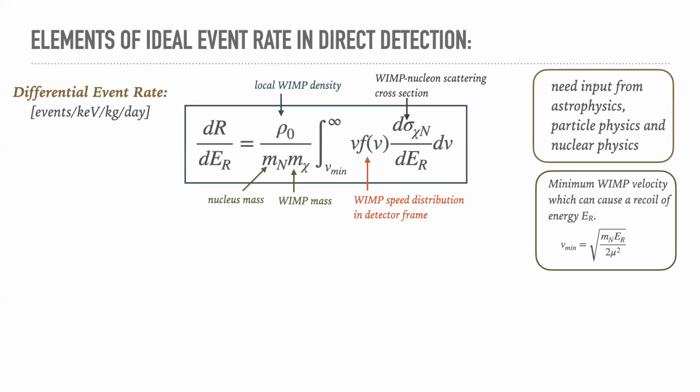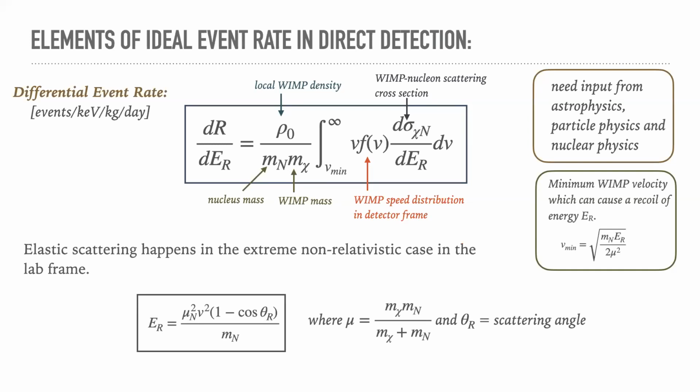We always care about that. So now we've taken our much simpler master formula, and you can see that the event rate needs input from astrophysics, from particle physics, and from nuclear physics. We'll start looking at each of these independently.